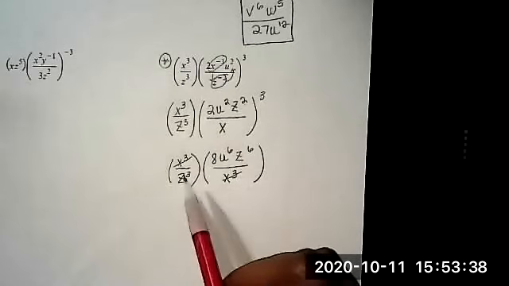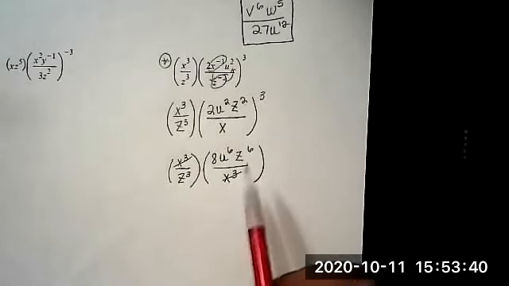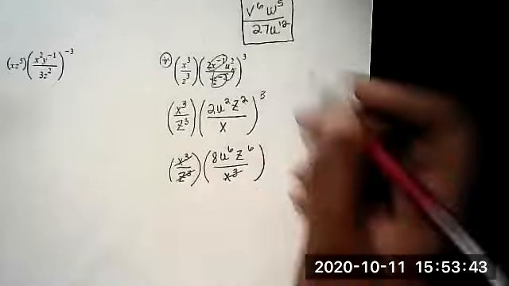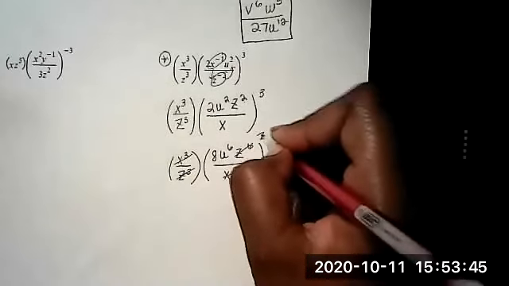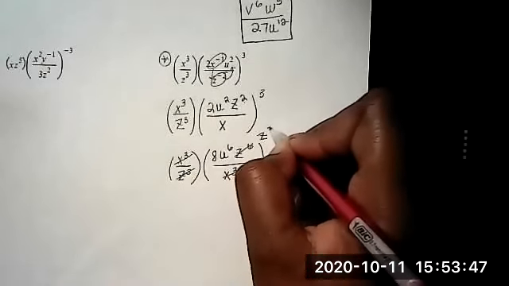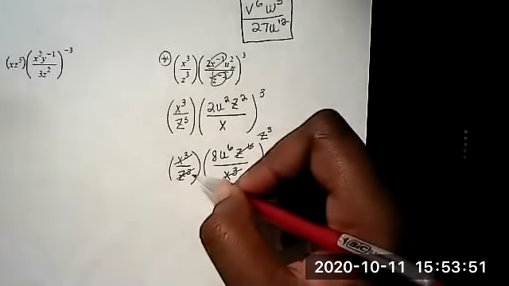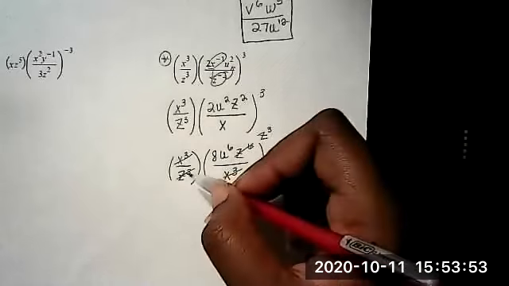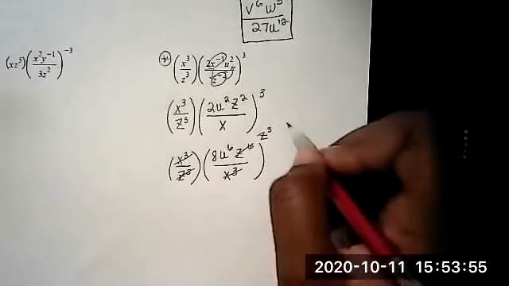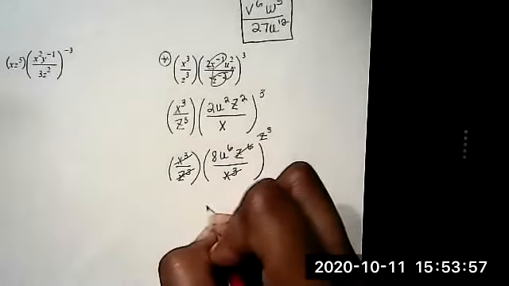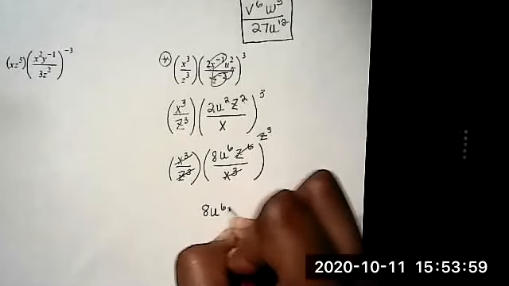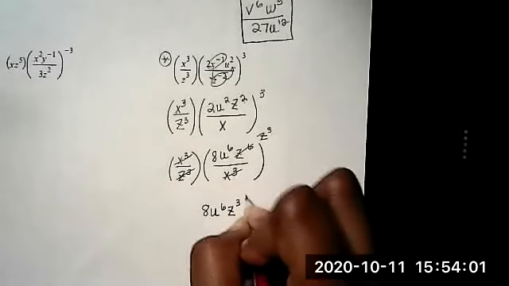You can actually simplify there, or you're basically subtracting. So x cubed and x cubed, this now becomes z what? If you subtract 3 from it, it becomes z cubed, because you're subtracting 6 minus 3. One is at the top and one is at the bottom. So now your answer will be 8u to the 6th z cubed.